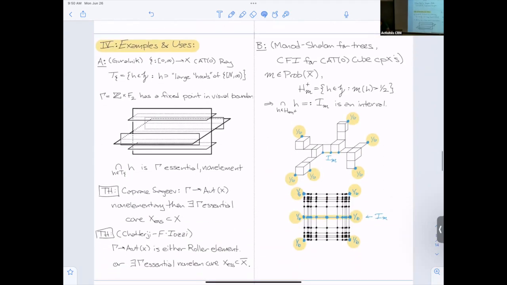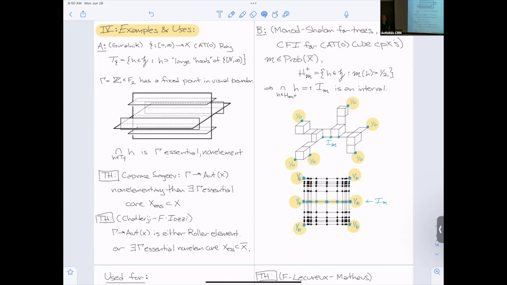So let's talk about some examples and uses. Goralnik, going back to his thesis, described the following. If I have a CAT(0) geodesic ray, I can look at its transverse or deep half spaces.